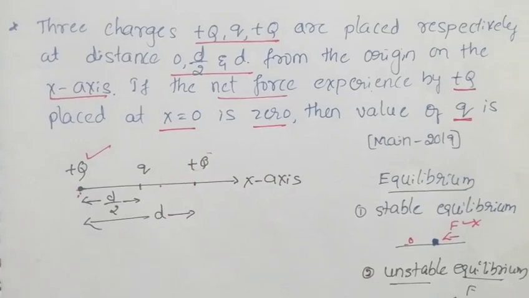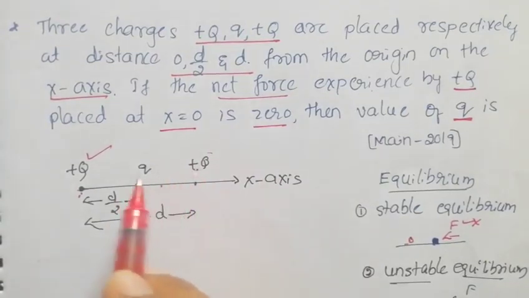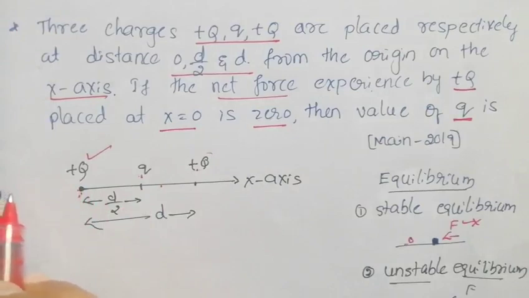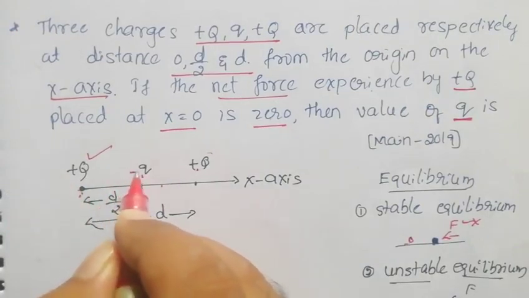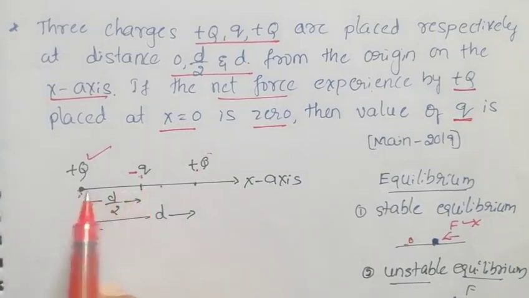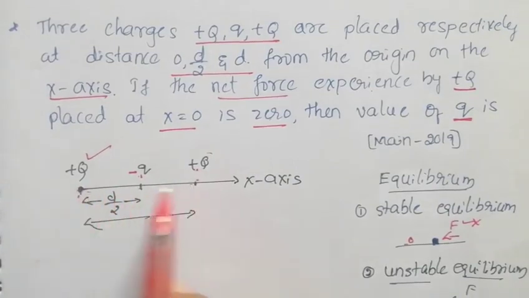Okay, let us do that now. The force on this particle: the charge at distance d is positive, so it will be repulsive, they will move away. So this charge must be what type of charge? A negative charge. That is one conclusion we can draw. Now the force of attraction between these two must be equal to the force of repulsion between these two.